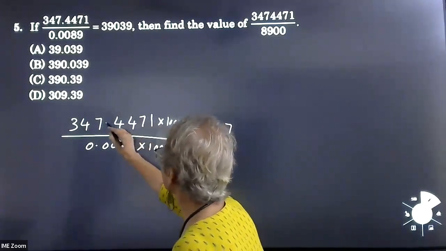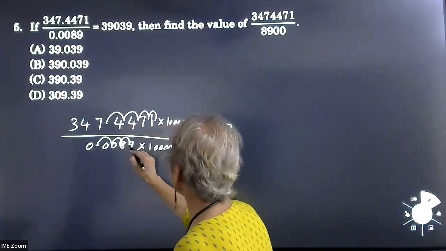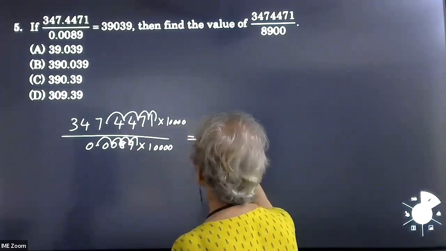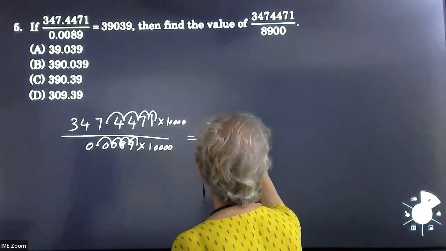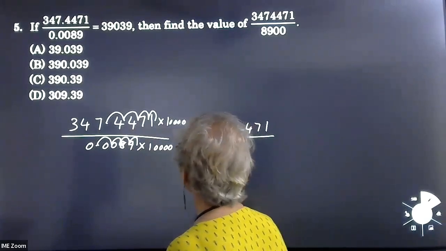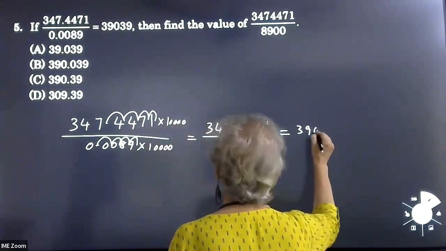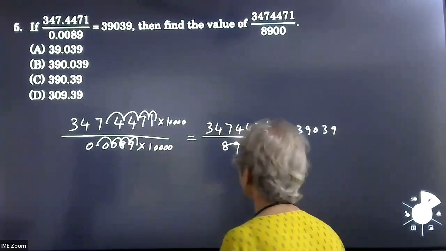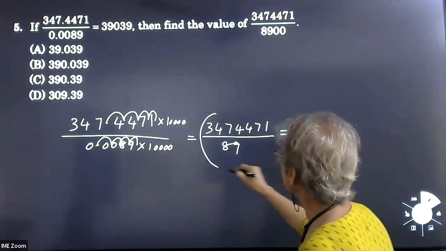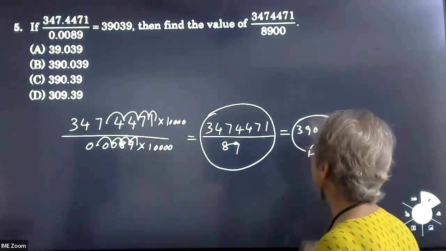Here also 4 digits. 1, 2, 3, 4. And therefore 3, 4, 7, 4, 4, 7, 1 upon 89. And this answer is given to us: 39039. Correct? So this number is the quotient.